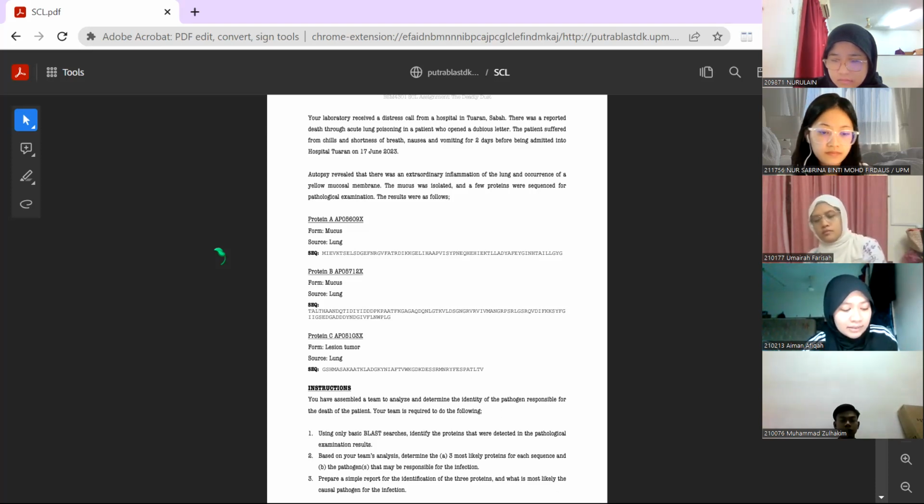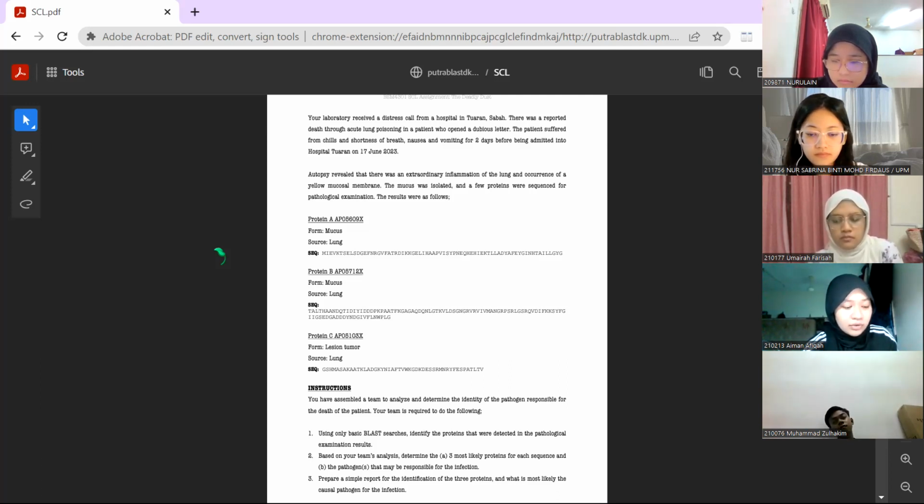The symptoms include fever, cough, congestion, shortness of breath, and wheezing. But to highlight, nausea and vomiting are not common symptoms of this infection. So this infection partially matches what the patient went through, as it can cause shortness of breath, fever, and cough, but not nausea and vomiting.